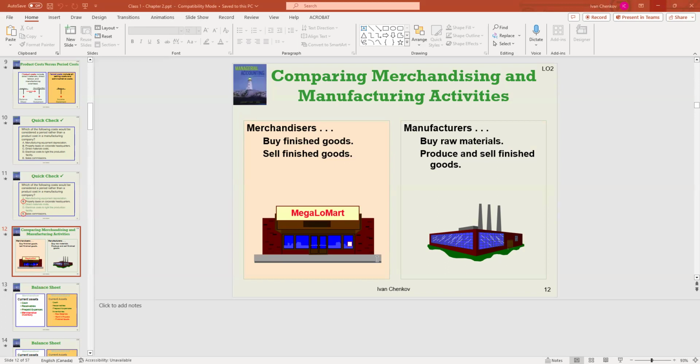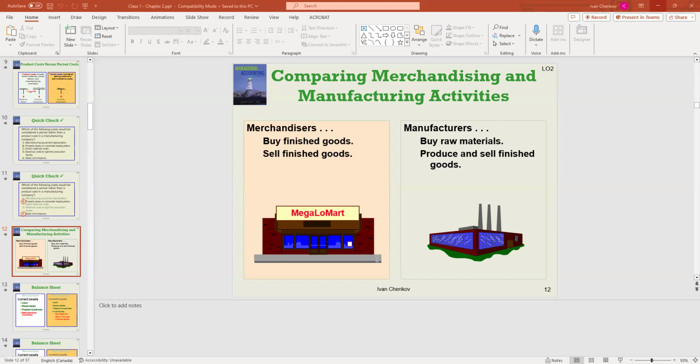Then we have a merchandiser company. In merchandising, we have two types of merchandisers in North America. One is the wholesaler, the other one is the retailer. The wholesaler can sell to another wholesaler or to a retailer. The retailer sells to the individuals. What are they selling?